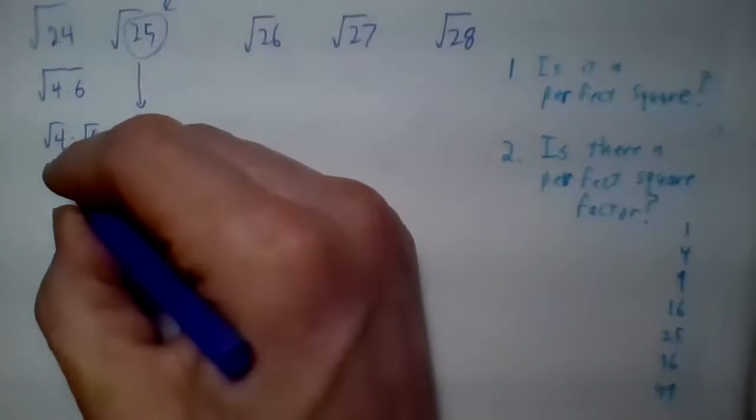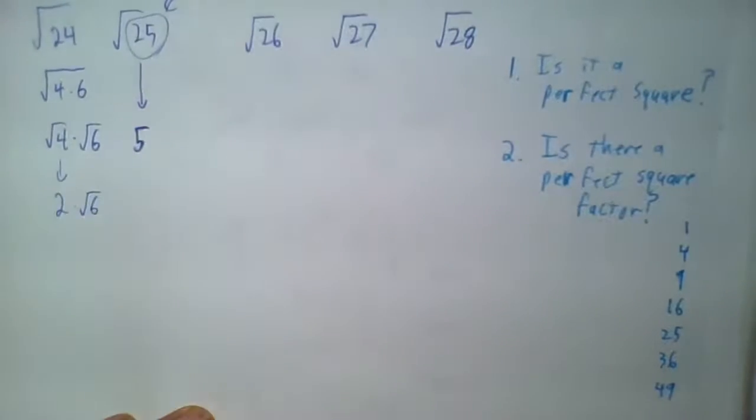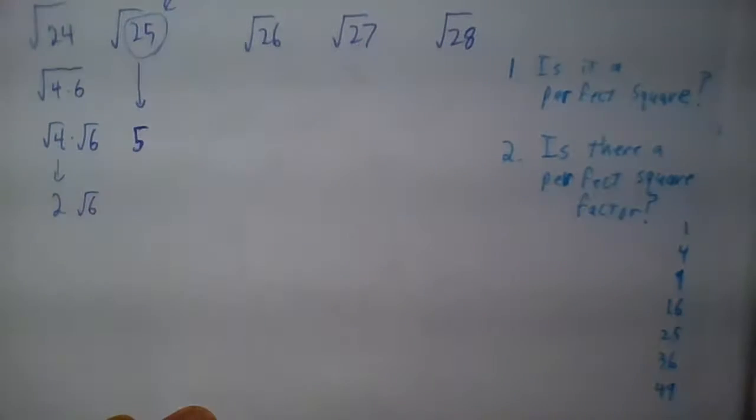Square root of 4, I know what that is. So if I have a perfect square factor, I can turn that part into a number. So I simplified that as 2 square root of 6. That's a little nicer way to write that thing. We're looking to shrink the radical. That's our goal on these. And 6 doesn't have any perfect square factors, so that's as far as we can go with that.